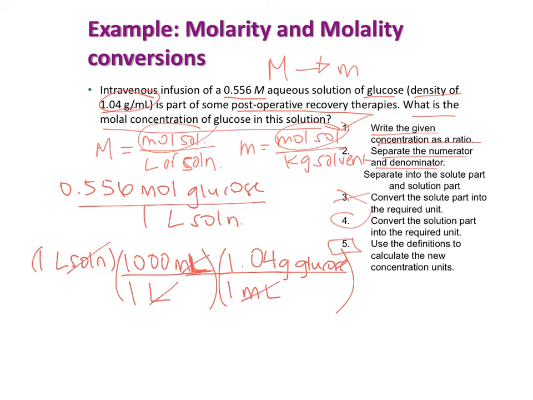Now at grams, we can convert it to kilograms. So 1,000 grams is 1 kilogram. And finally, oh, this shouldn't be glucose. This should be solvent. I'm sorry. But finally, we're at our endpoint. And what you should get is 1.04 kilograms.